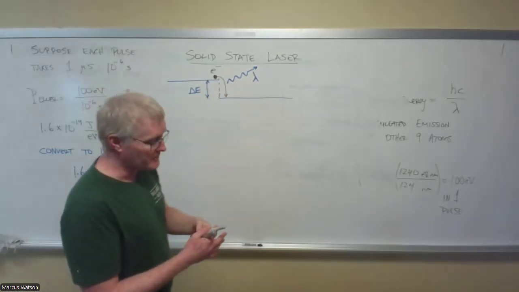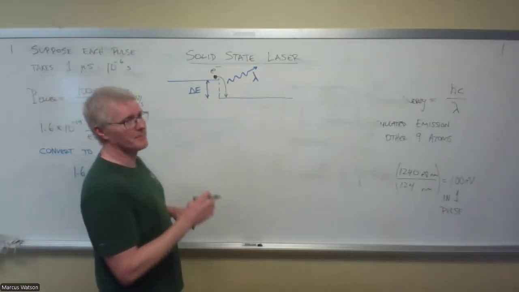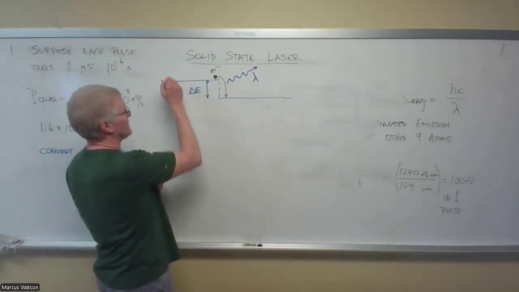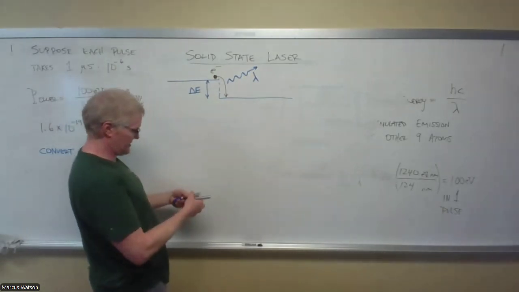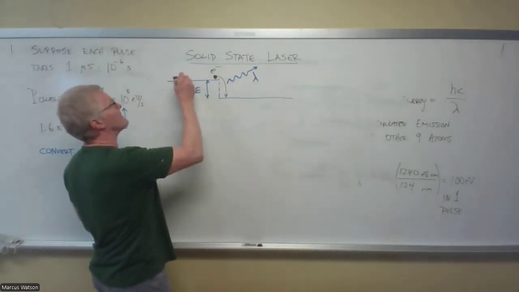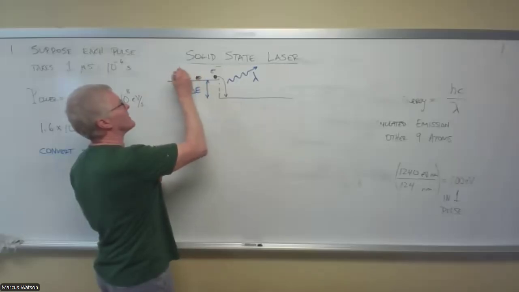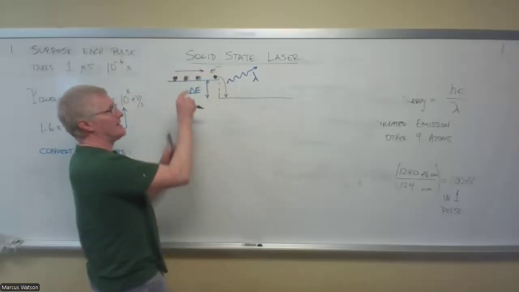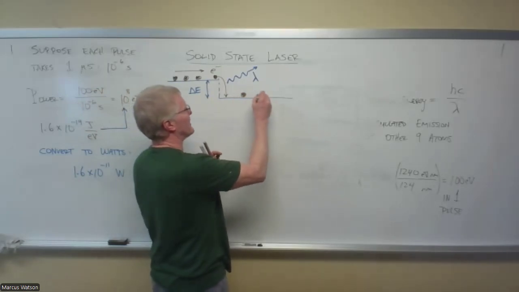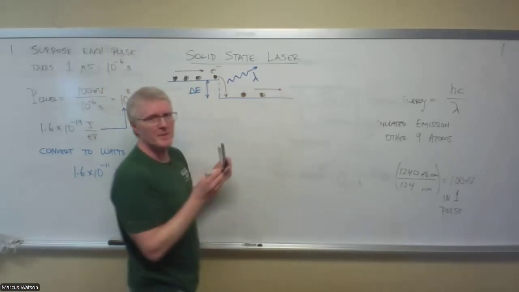Okay? So here what I'm doing is I'm setting up a current such that the flow of electrons is this way, basically on a conveyor belt like that, and each one of them is going to drop through this energy level difference and get pulled this way by the voltage.